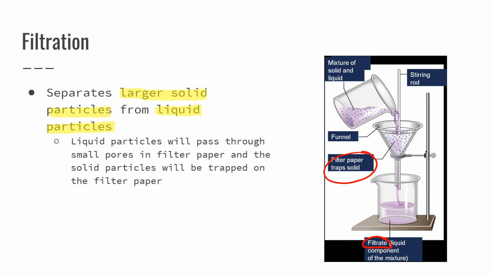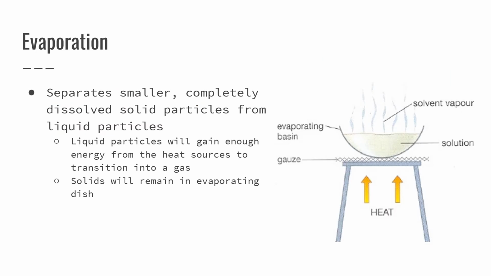The next separation technique that we're going to be taking a look at is this concept of evaporation. So evaporation is also going to be used to separate liquids and solids, but the solids in this situation are going to be smaller and completely dissolved solid particles that we're trying to separate away from our liquid particles.